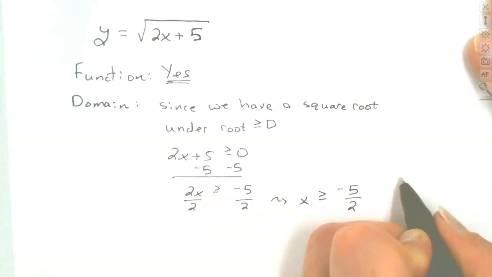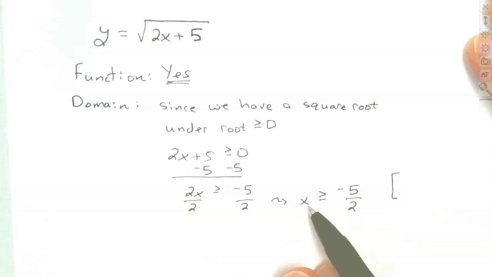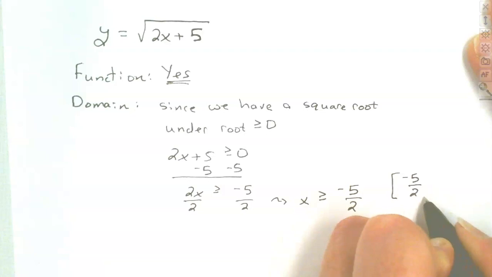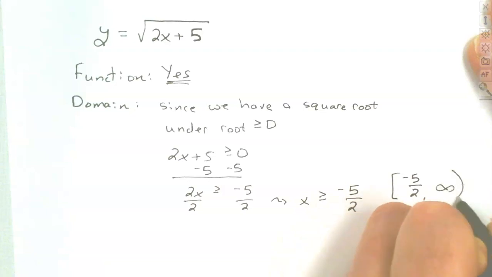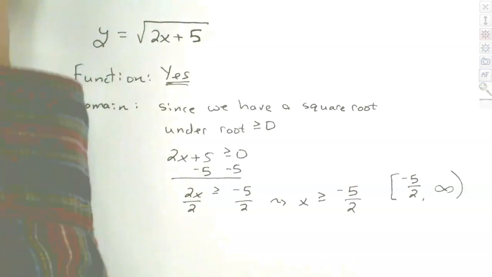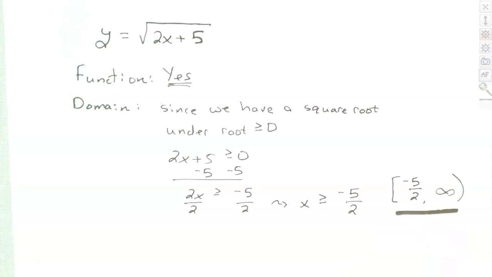And in interval notation, it's opening towards the x, so that would be negative 5 halves with a square bracket to infinity for your domain. So you just take what's underneath that root, you set it greater than or equal to 0, and then you simply solve it.